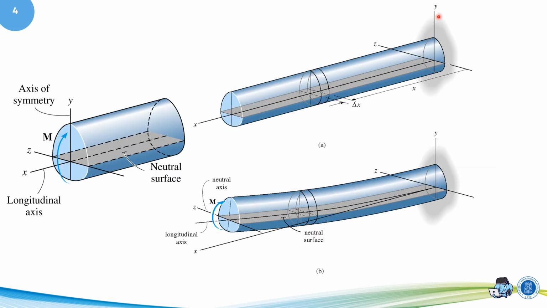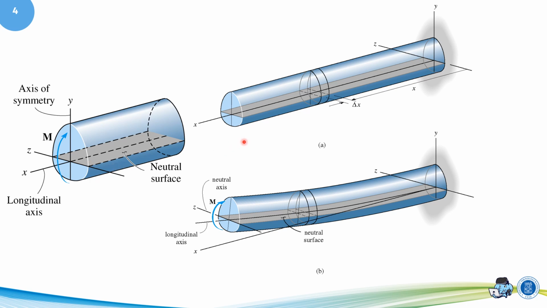In order to make it clearer, I will give you another example. As you can see here, there is another beam. This particular beam has axis of symmetry y like this, longitudinal axis x like this, and natural surface like this, which is going through the longitudinal axis.